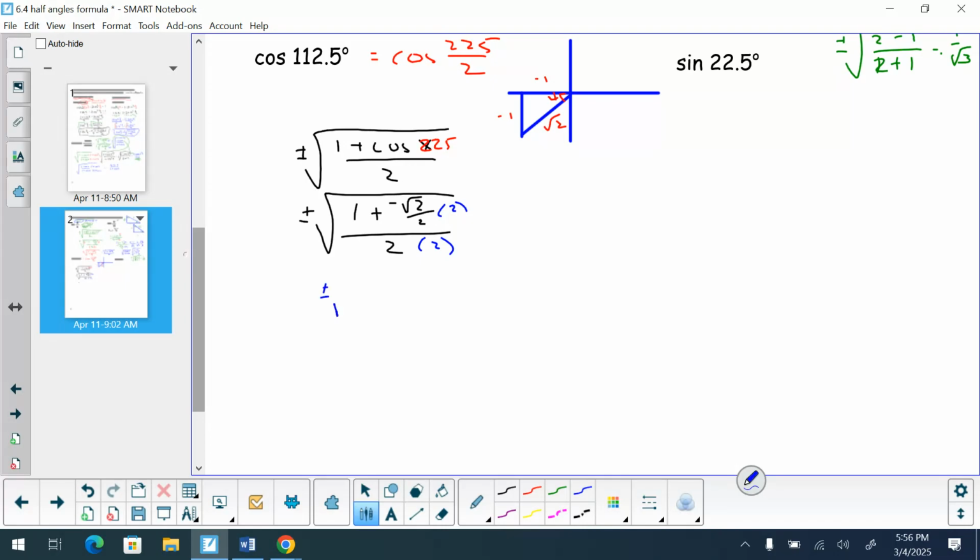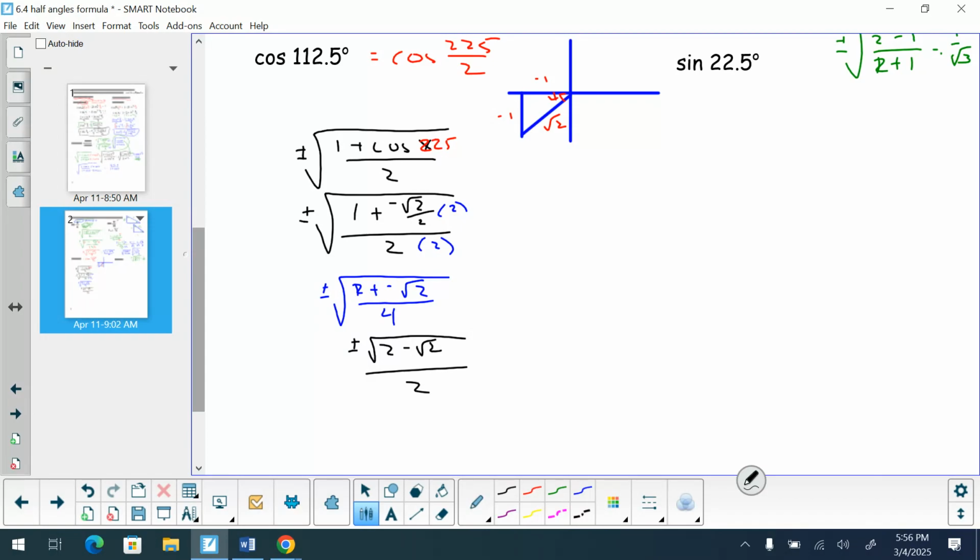So we have plus or minus square root of 2 plus a negative square root of 2 over a value of 4. Take square root of top and bottom. So we have plus or minus square root of 2 minus square root of 2 on top and 2 on the bottom.